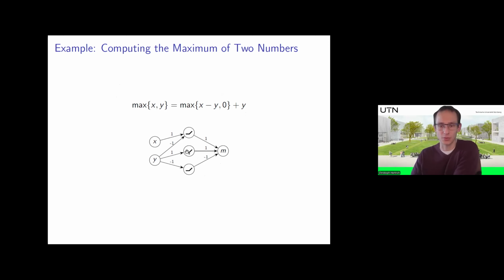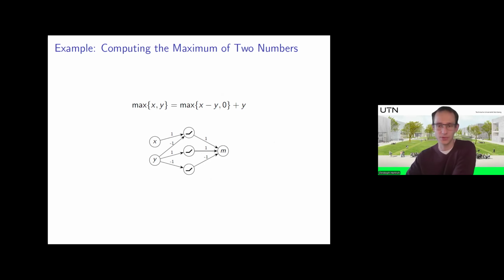So one ReLU neuron would take care of the cases where y is positive, and in this case, we would just feed it through here, and the other neuron would be set to 0. And if y is negative, then it just works the other way around. So this neuron would feed through y, while this neuron would be set to 0. Okay, so that way, with one hidden layer, we can compute the maximum of two numbers.